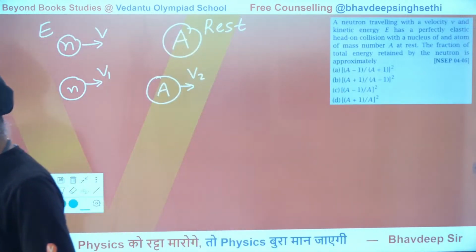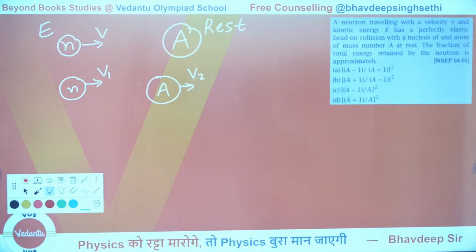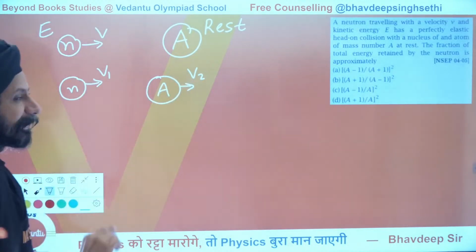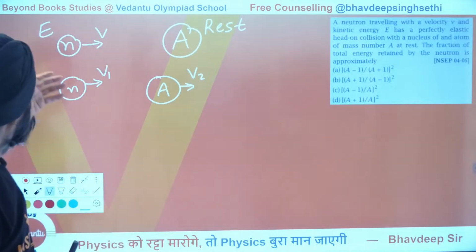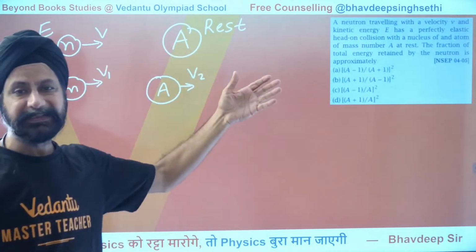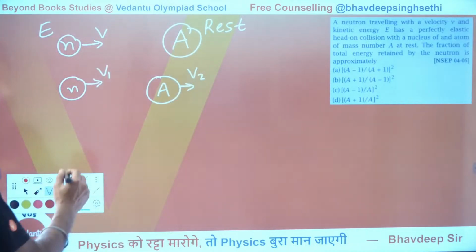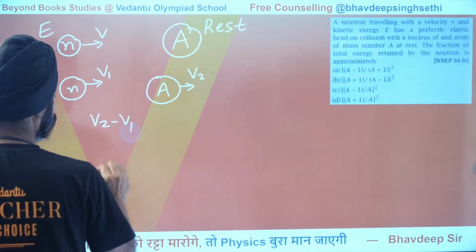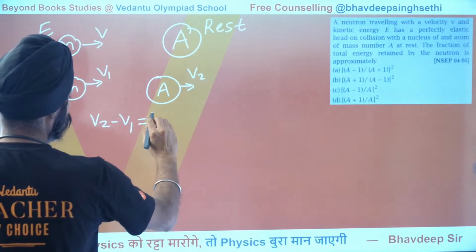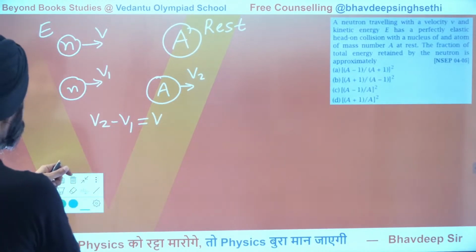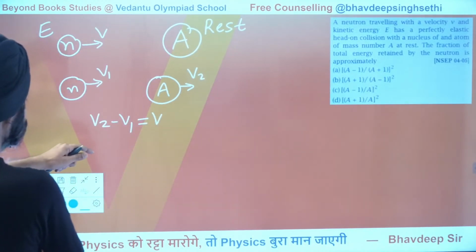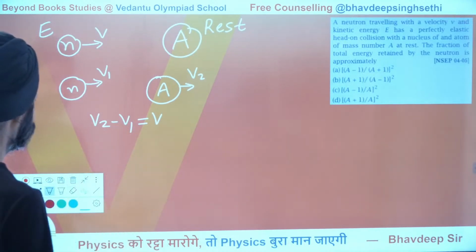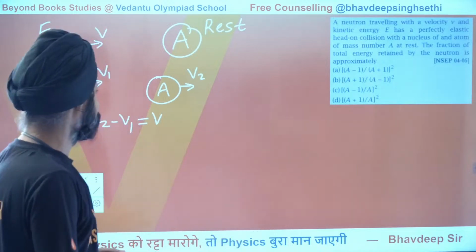The velocity of separation would be v2 minus v1, and the velocity of approach is v minus 0, because this is not moving. So v2 minus v1 should be equal to v. I know these two numbers have to be the same because it's perfectly elastic.